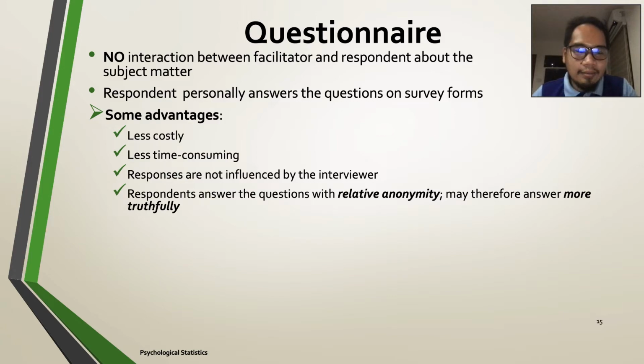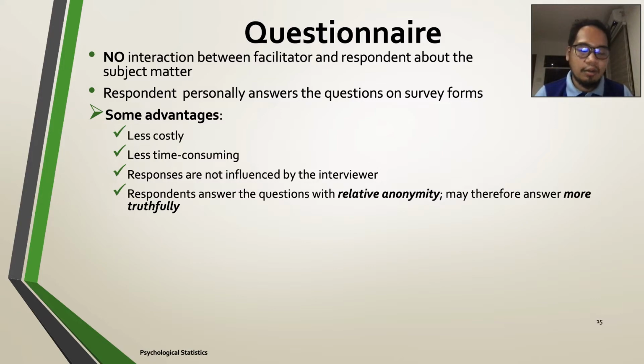You can survey quite a lot of respondents in a certain period of time, wherein in an interview you need to set a schedule and interview a single person individually or in a group. But even in a group, you cannot interview quite a lot compared to what the questionnaire can offer.